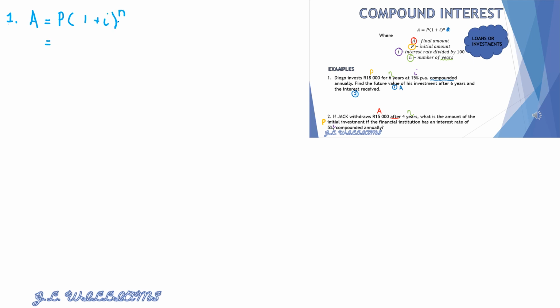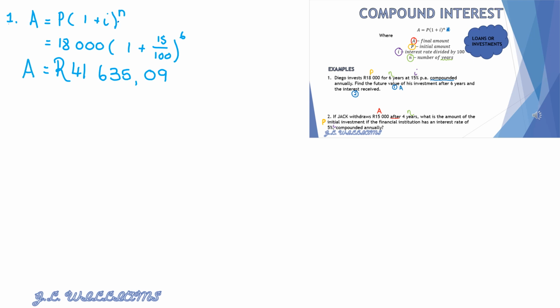He invests 18,000 Rand, and the interest rate is given to us as 15, and he invests this money for 6 years, and then we find that this value is equal to 41,635 Rand and 9 cents. So that is what his investment is worth after 6 years.